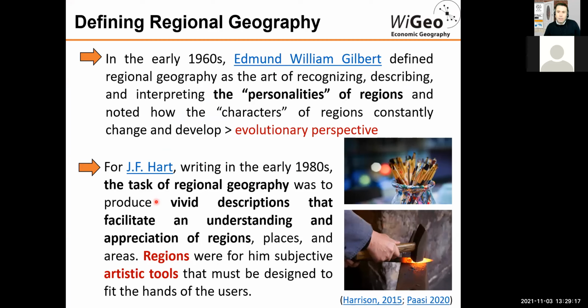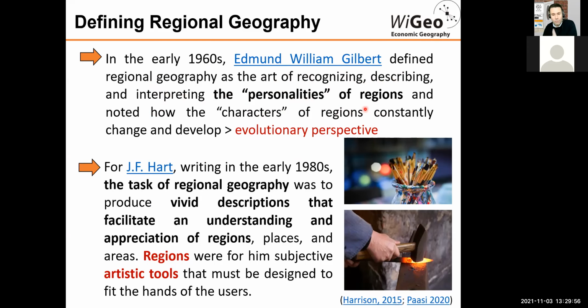In Gilbert, what I want to underline is that he emphasizes this evolutionary perspective, in which understanding regional geography is about recognizing, describing, and interpreting the personalities of the regions, what makes a region a region. Some researchers characterize this approach as painting original artwork, where the different colors used and the different landscapes mirrored in the painting enhance these personalities.